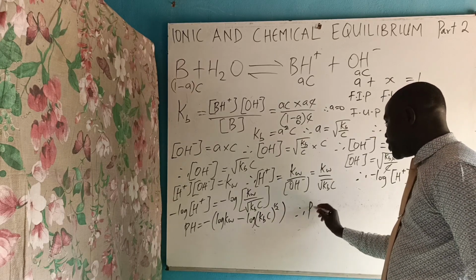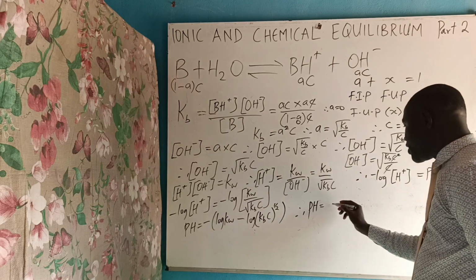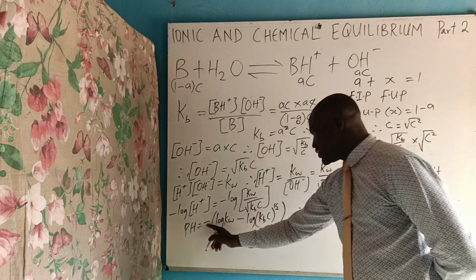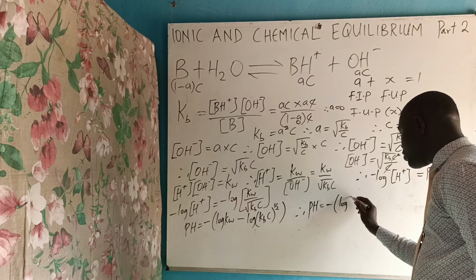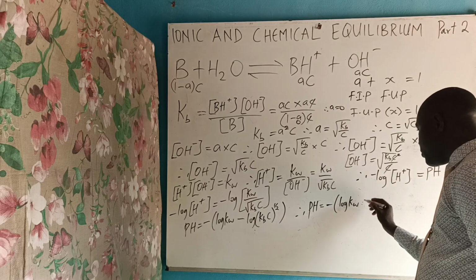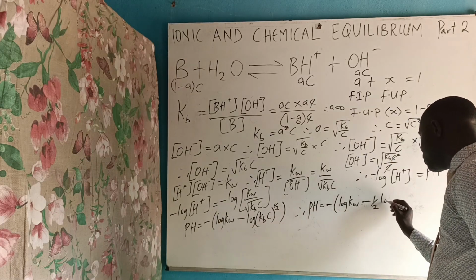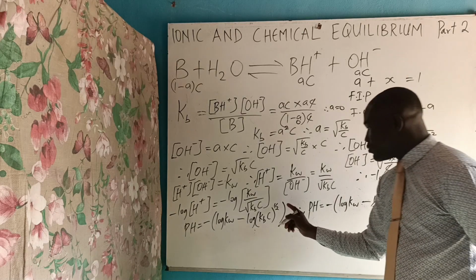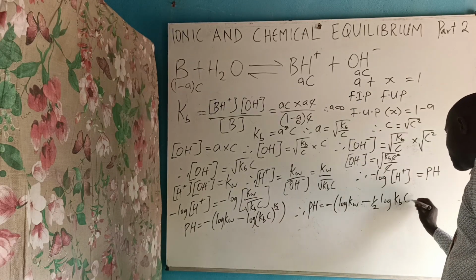Therefore, my pH is equal to, I will now bring this inside. Minus bracket log Kw minus, this half will come down, 1 over 2 log of KbC.